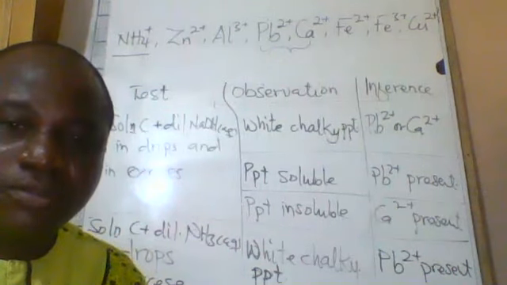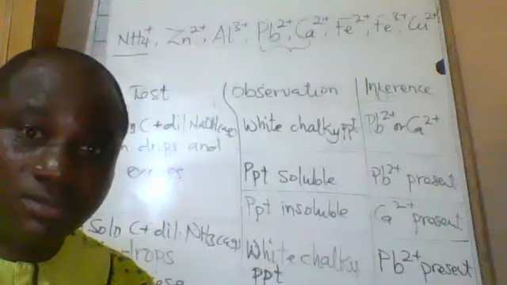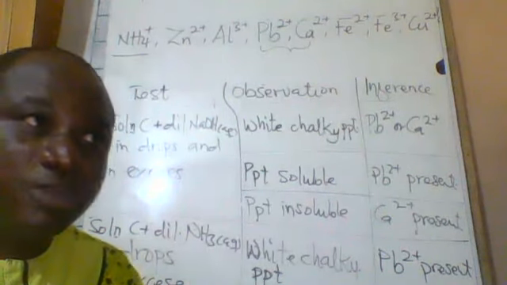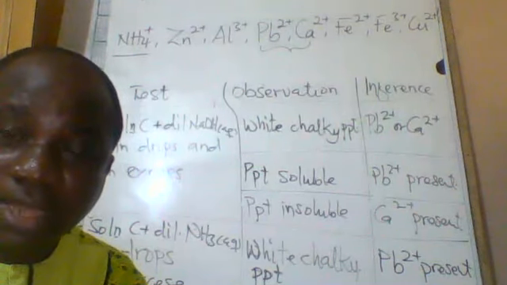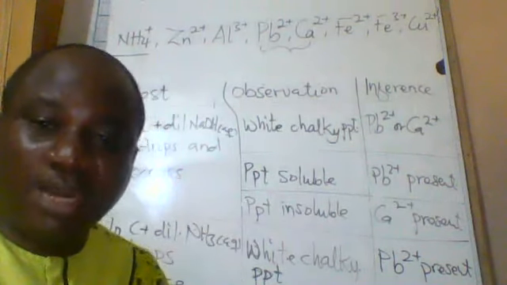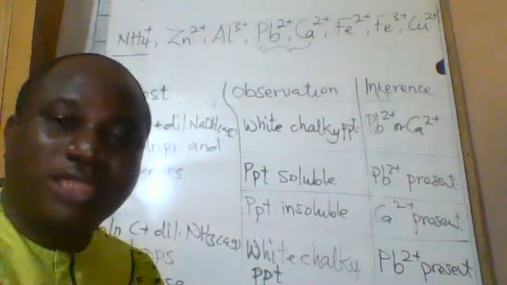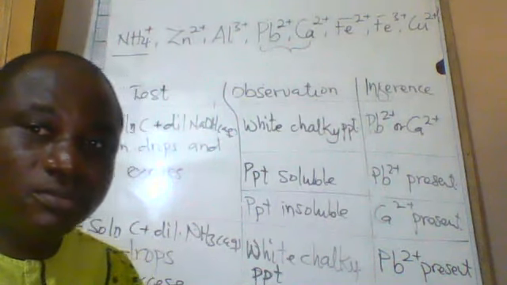And in fact, if they don't qualify the white, assuming they are saying that it's white PPT as a preliminary test, you have added dilute sodium hydroxide and you are forming white PPT. This one, they have not qualified the white.